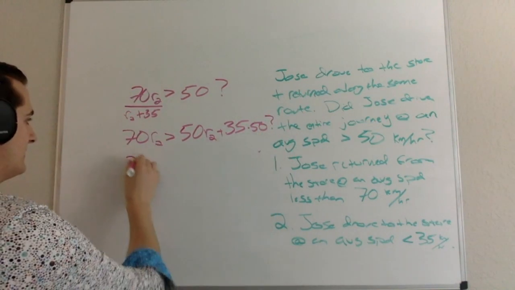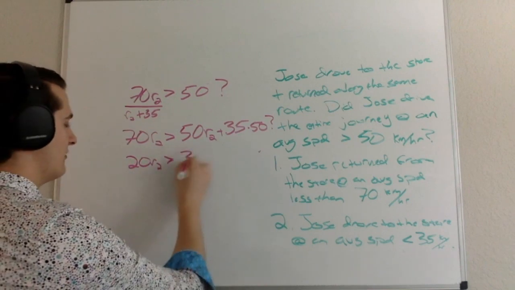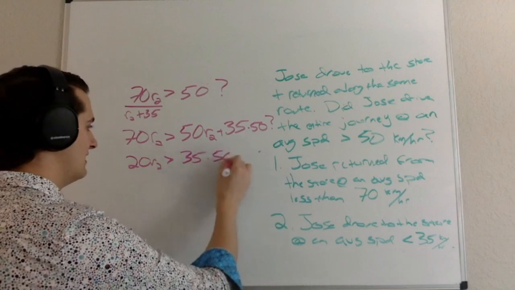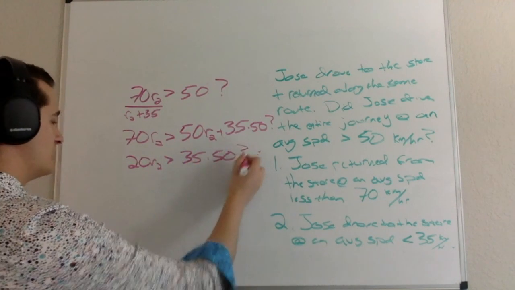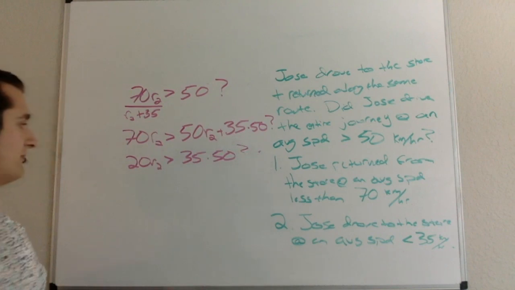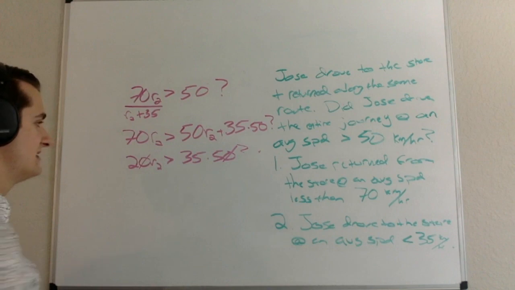My question now becomes, is 20 times rate 2 greater than 35 times 50? Which again is a question here. And then from here, I can eliminate a 0 on both sides.